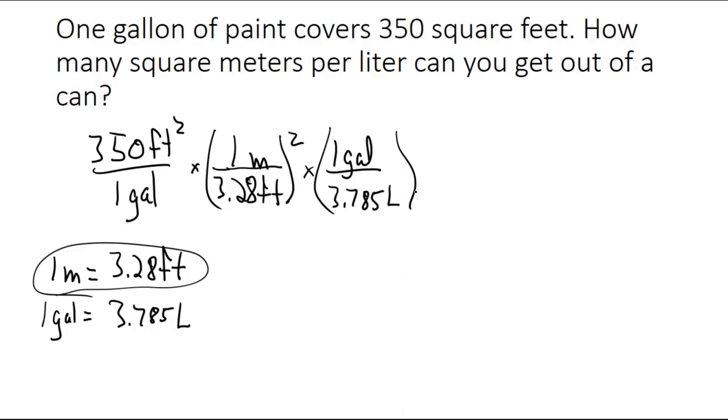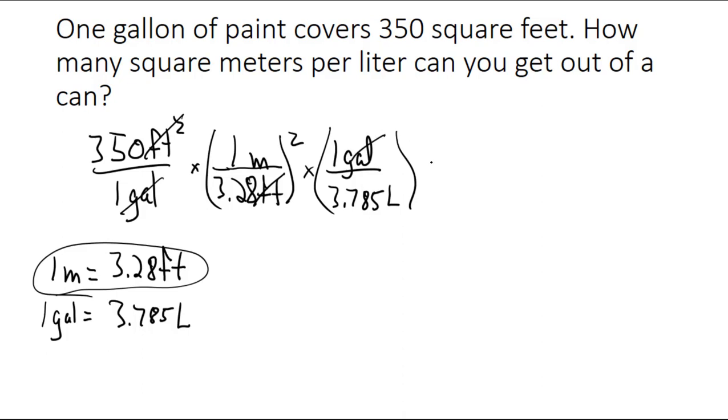Okay, let's just look at the units here for a minute. Feet squared on top here. I've got feet on the bottom there, but they're in a parentheses, which is going to get squared, so they'll become squared. So the feet squared here will cancel the feet squared on that bottom. Similarly, on the bottom here I've got gallons. On the top of here I've got gallons. Those will divide out.